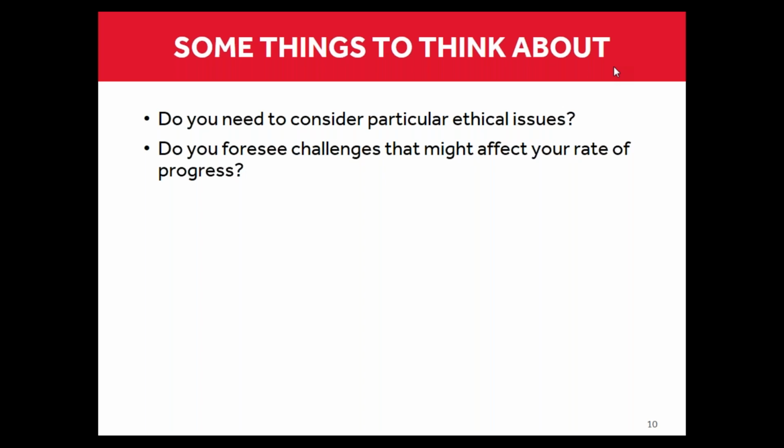It's good to foresee any particular challenges. If you're doing archival work, have you been in touch with the archives to see that they'll allow you access? Are there going to be problems that are going to be getting in the way of how you're going to complete your research?